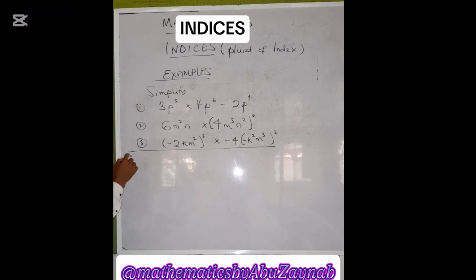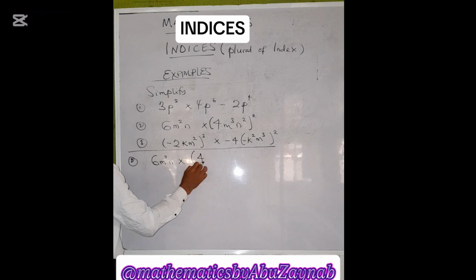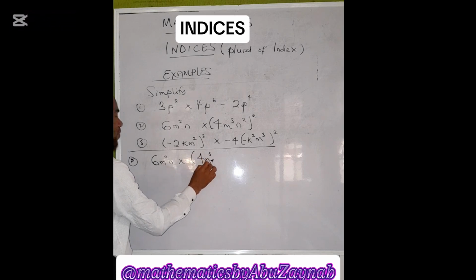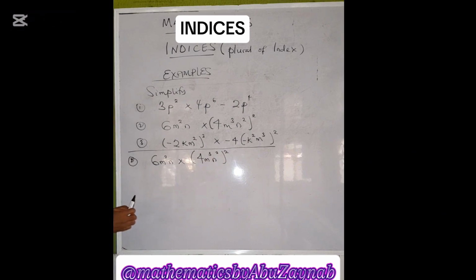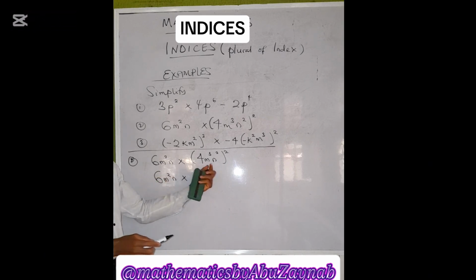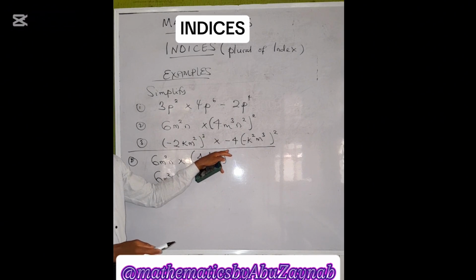So example 2, we've got 6m squared n times the parenthesis 4m^3 n squared, then all squared. So we have no issue with the first term there, 6m squared n. However, we've got to open this bracket up. By so doing, we are using the power 2 here outside the bracket.